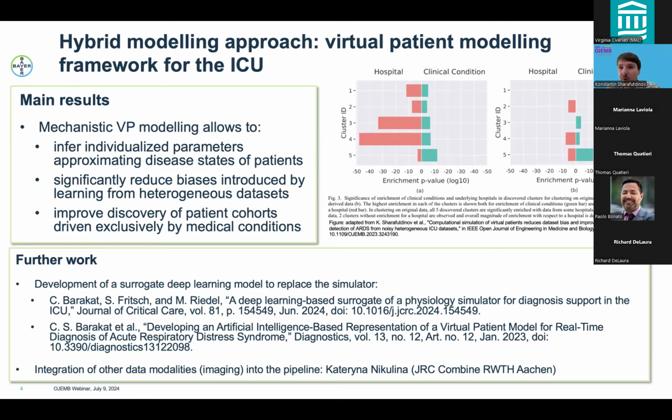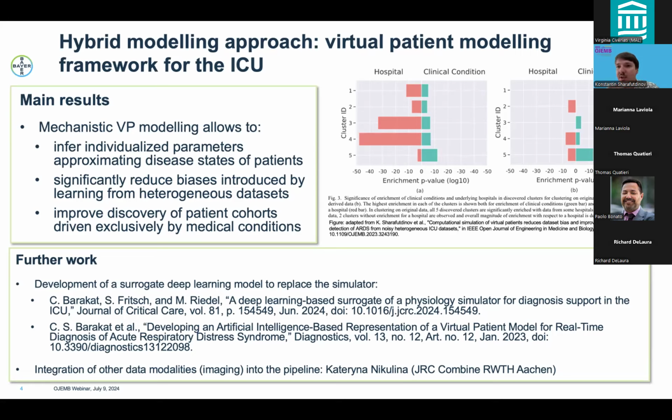As further work, I can mention the work of my colleague Shadi Barakat. One of the issues was that this fitting took quite a long time. Fitting one patient took around one day on a single-core machine, and if you fit thousands of patients simultaneously, it took on average several days.